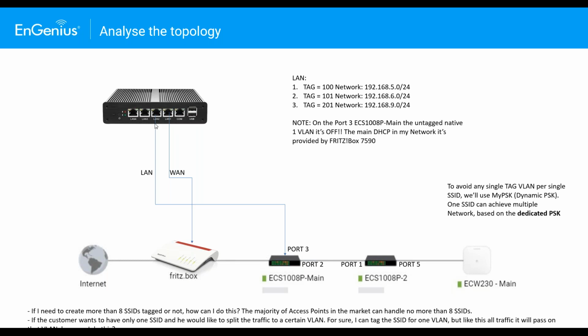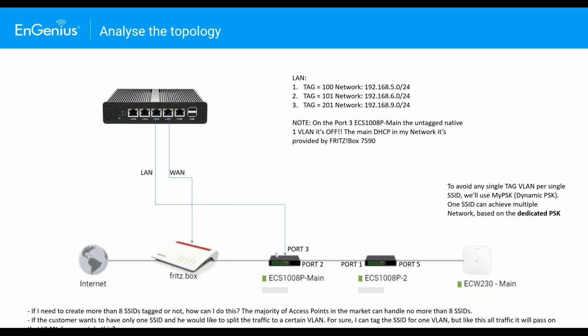And I also pass through the LAN on port 3, tag 101, 192.168.60, and also 201.168.9.0/24. Okay, so all tagged VLANs come from the firewall to the switch, and we will see later.